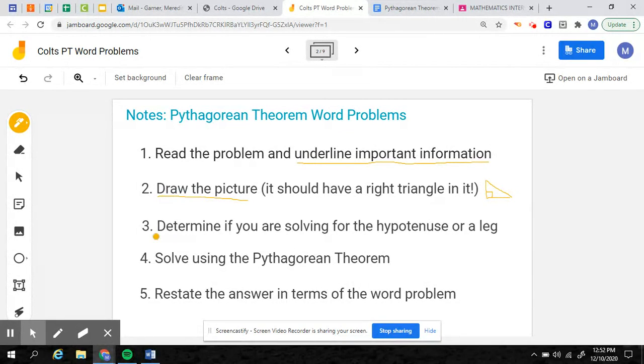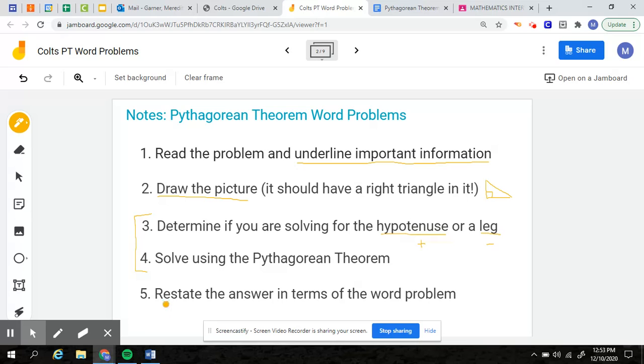The third and fourth is what we just talked about. So we're going to determine if we're solving for the hypotenuse, in which case we're going to add the two numbers after squaring, or a leg, in which we're going to subtract, and then you're going to solve. Okay, so that's what we just talked about. That's what we've been doing for several weeks now. So steps 3 and 4, you should be used to.